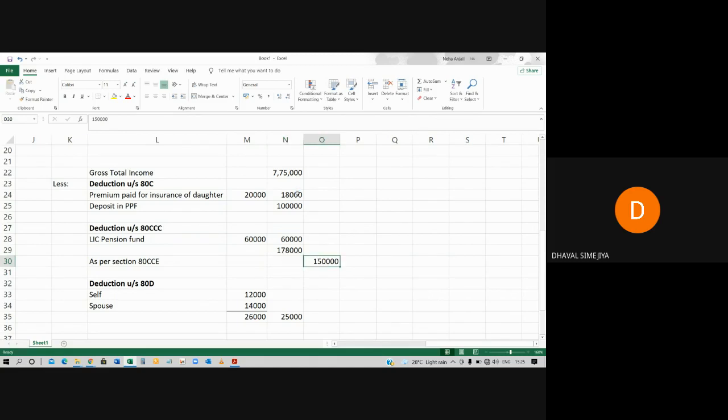Only 1,50,000 rupees is allowed. Here 25,000 is allowed.